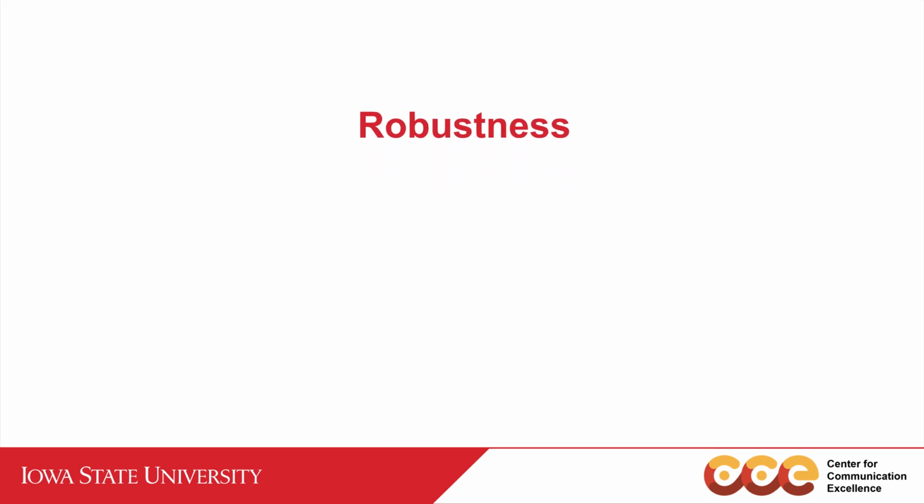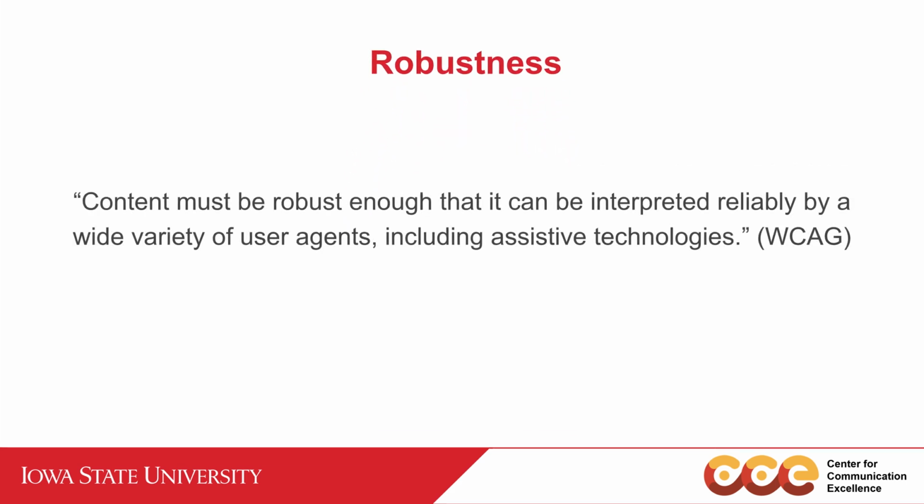Robustness. The WCAG definition of robustness is content must be robust enough that it can be interpreted reliably by a wide variety of user agents, including assistive technologies. In this case, user agents might refer to a range of technologies that mediate the content of your digital creation.